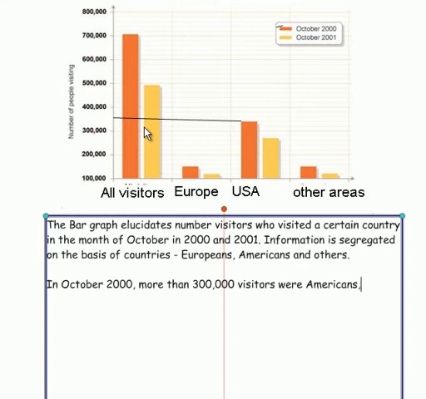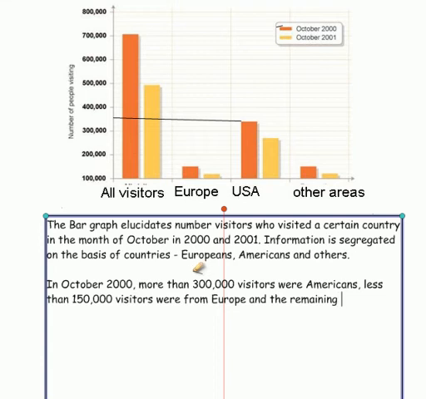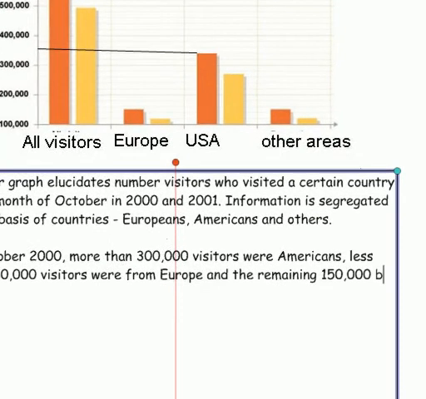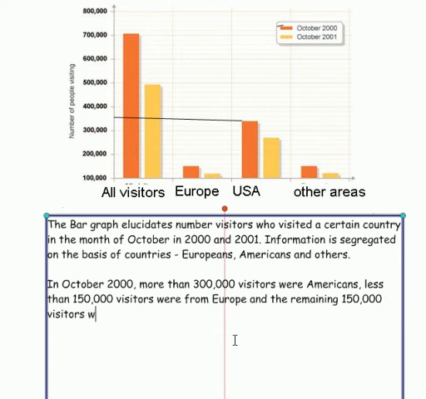So I have to write about Europeans as well. So less than 150,000 visitors were from Europe, and the remaining 150,000 visitors were, I'm sorry, just correct that, visitors were from other areas.